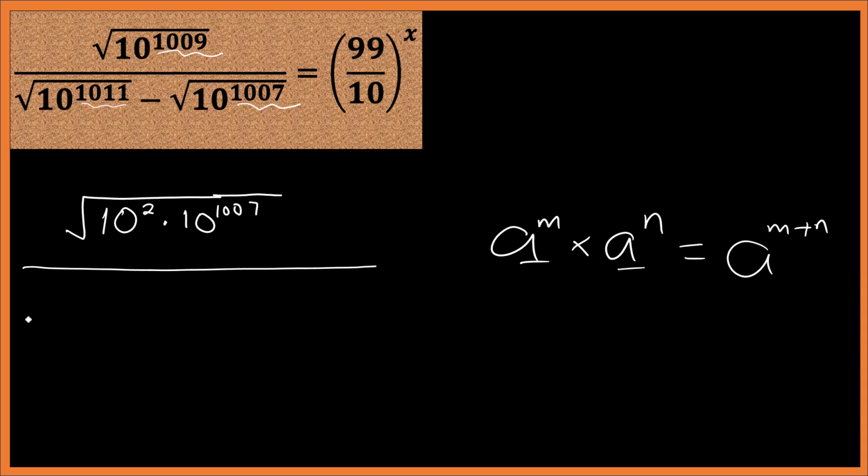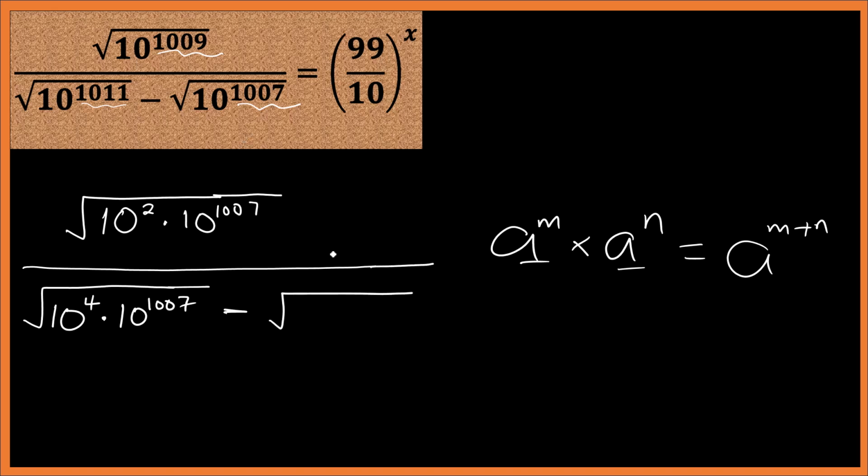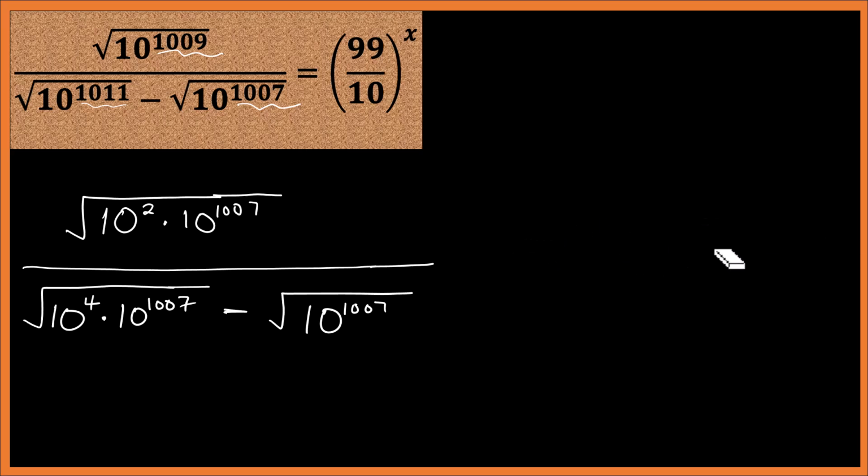So I'll get 10 raised to 4 times 10 raised to 1007, minus 10 raised to 1007, equals 99 on 10 raised to x.